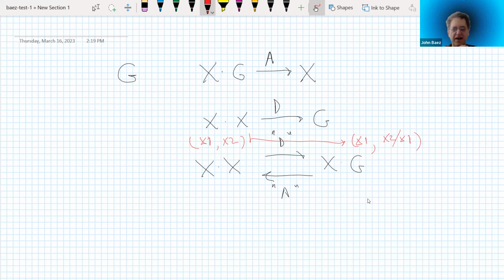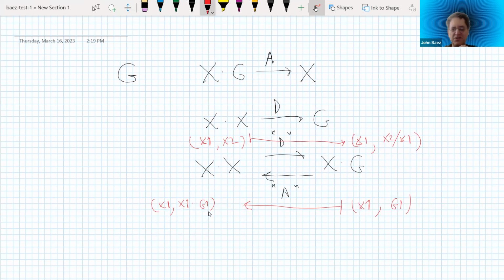And then going back, it's X1, G1 goes to X1 times G1. So this way you at least notice that as far as the first component goes, these are inverses to each other.